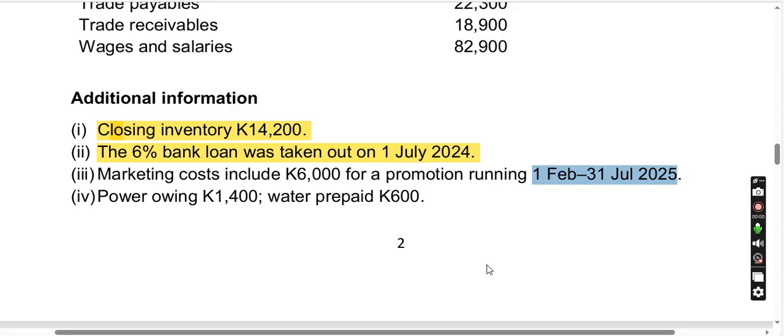So what you need to do when you have a prepayment: first find out how much of the payment has been used up for the year, and then determine how much has been prepaid.